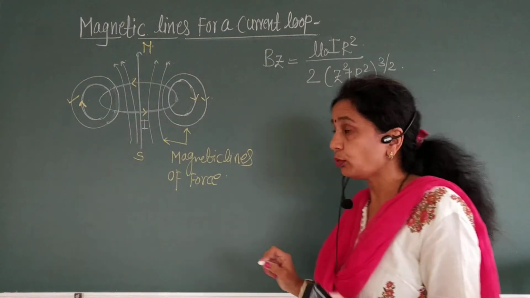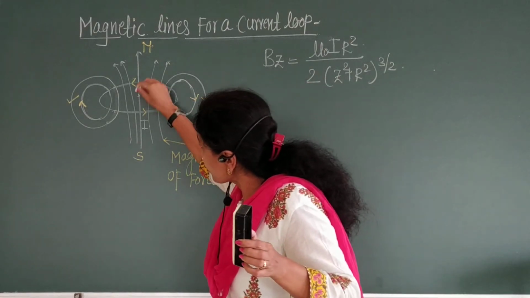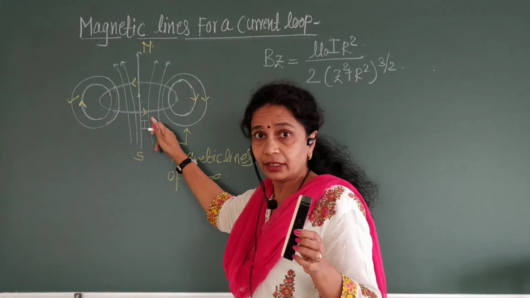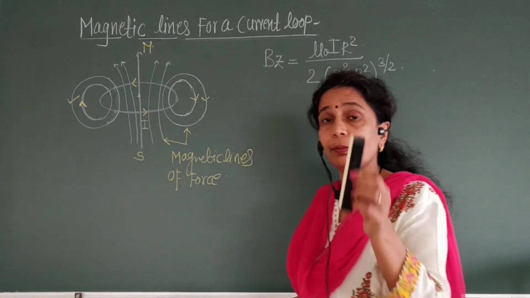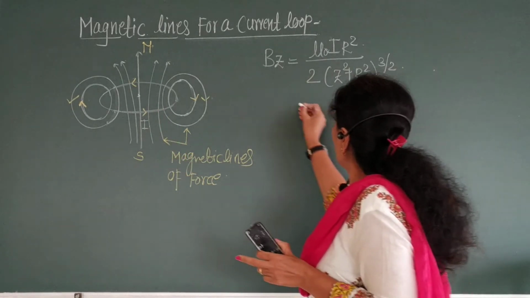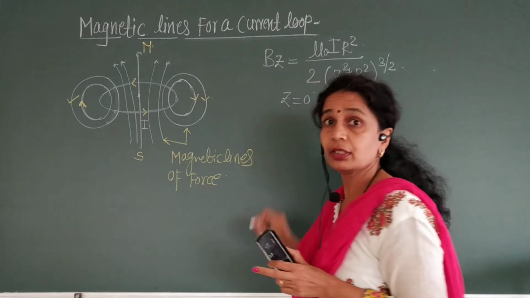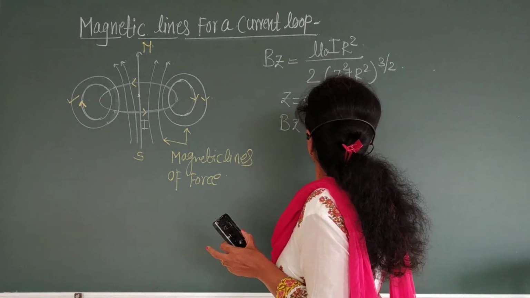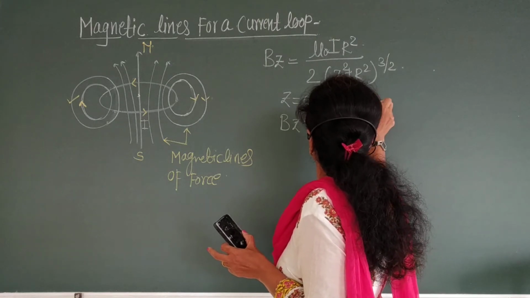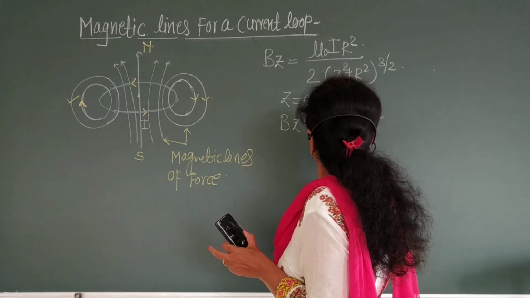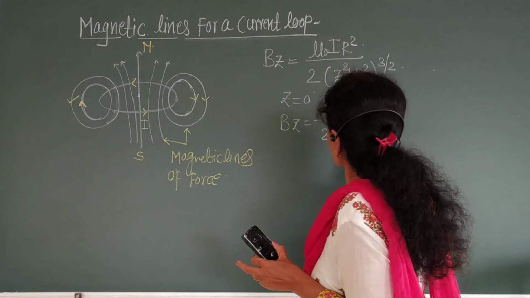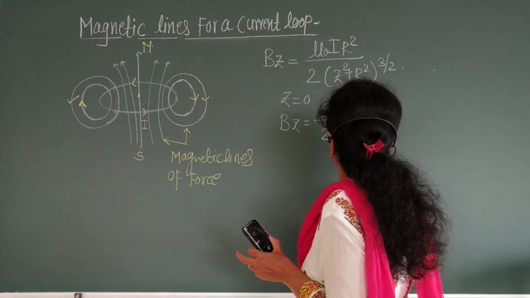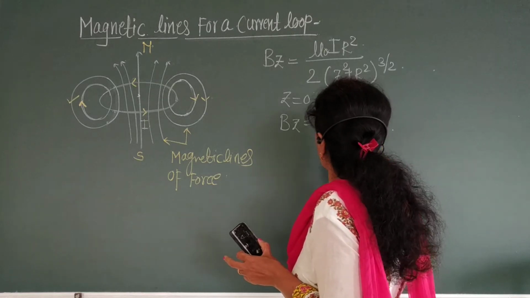If we have to find the magnetic field at the center of the coil, because this is a circular coil carrying current I, then put z equal to 0. Then Bz is equal to mu 0 I r square upon 2, with z square being 0, therefore 2 times r square raised to the 3 by 2.